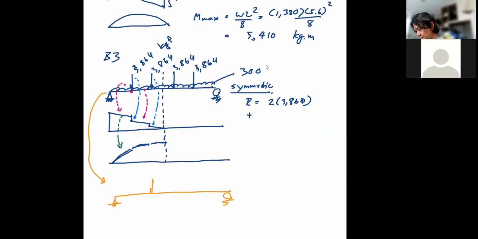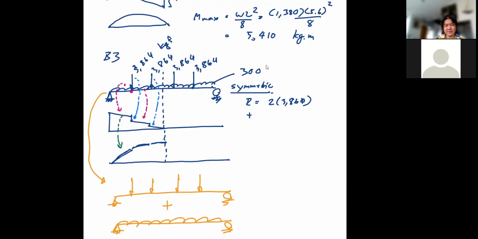The beam with 4 point loads placed equally, and the beam with the uniform load. Can I analyze this beam like this? Yes or no? Yes. Yes, of course. Absolutely.